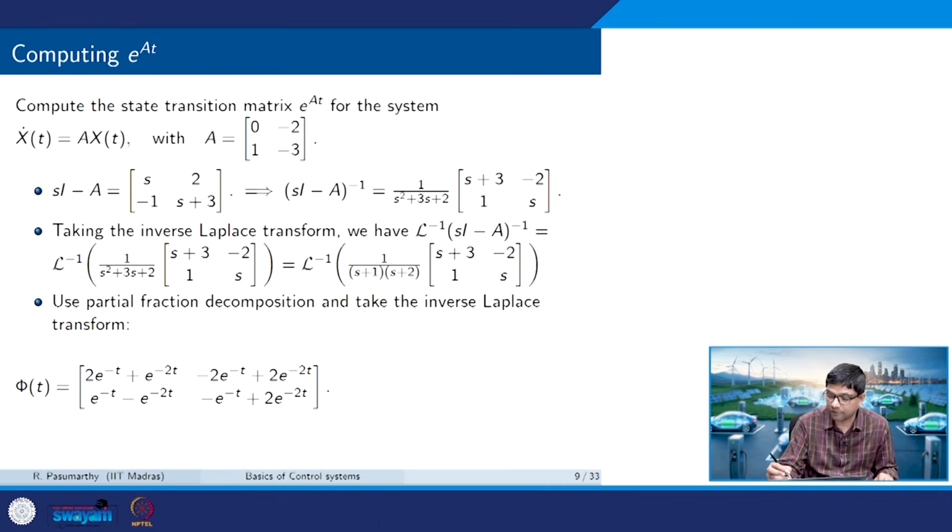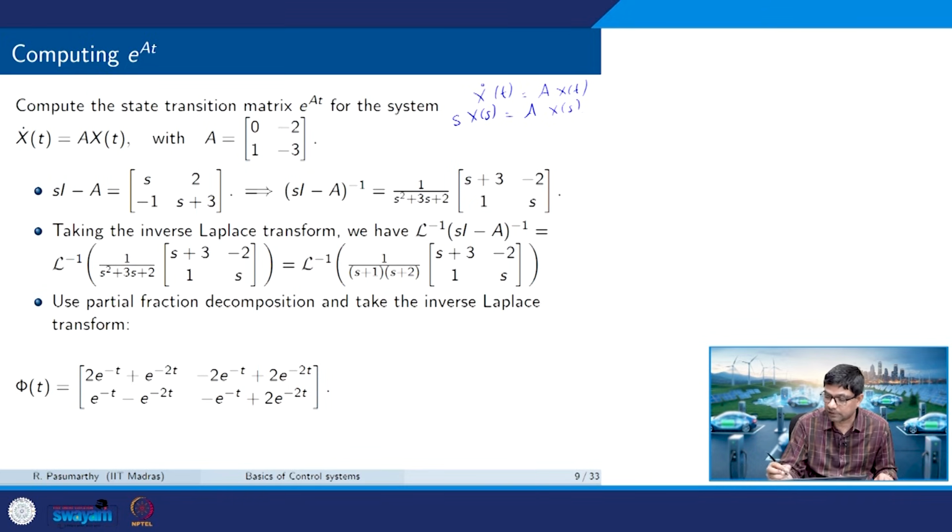So I'll just use a simple Laplace transform method. I have x dot of t is A x of t, so s X of s is A X of s.